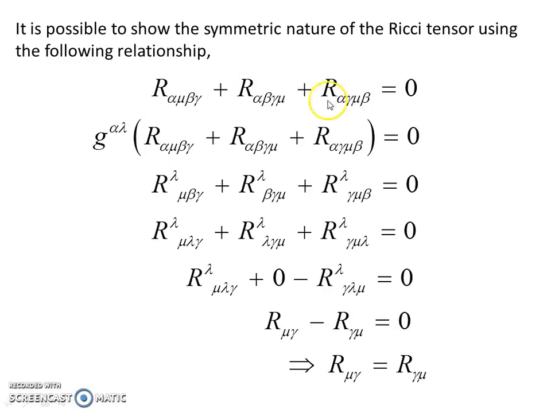So let's take that whole relationship and multiply through by the inverse metric to raise the first index alpha. We end up here. We then contract on lambda, the raised index, and beta. Lambda, beta there, we contract on them, they both become lambda.